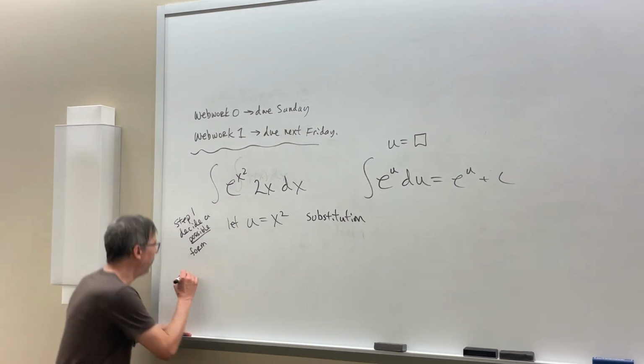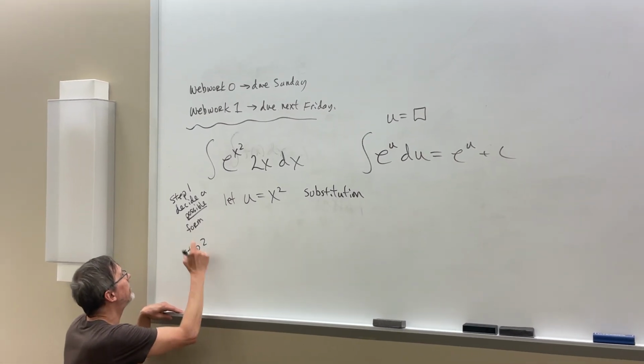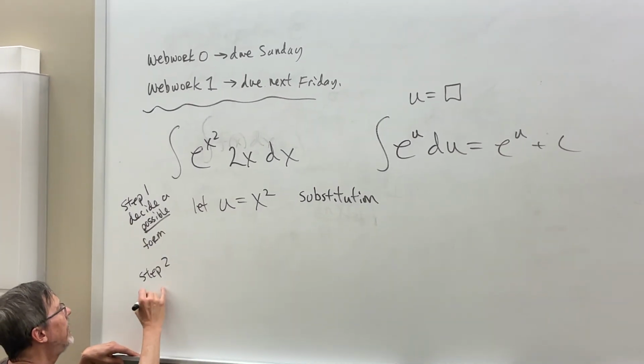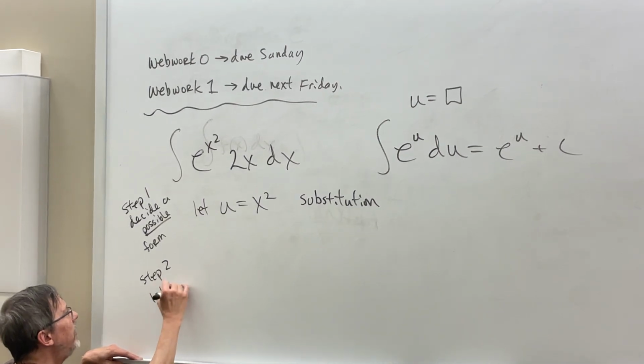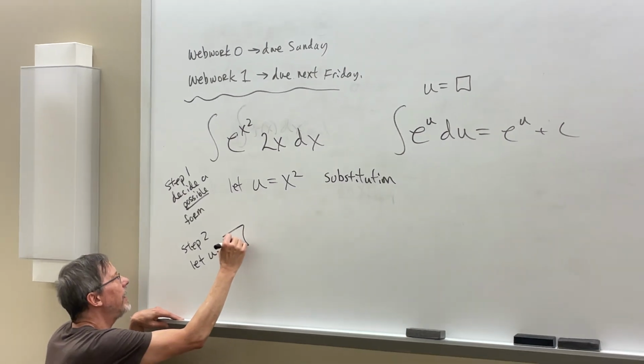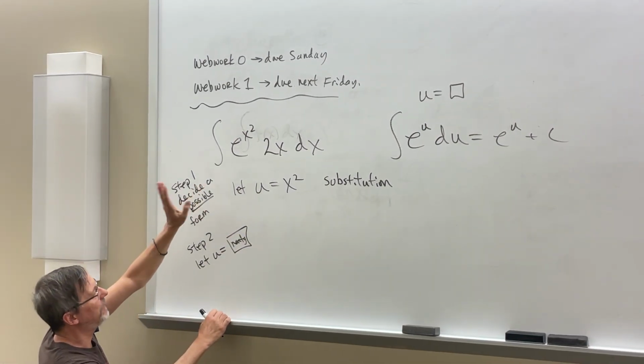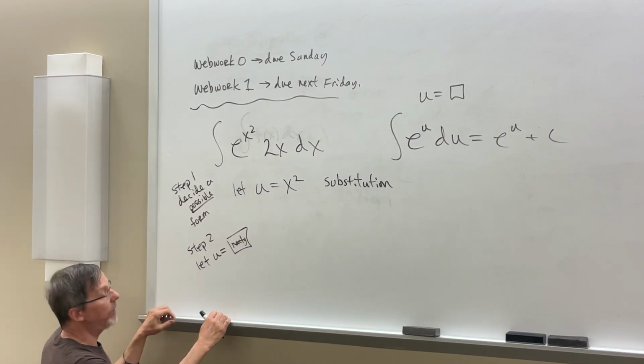And then step two is using this form, let U equal the kind of nasty part here. The part that's like, oh gosh, if that was just an X, I feel like I'd be doing pretty well right now.